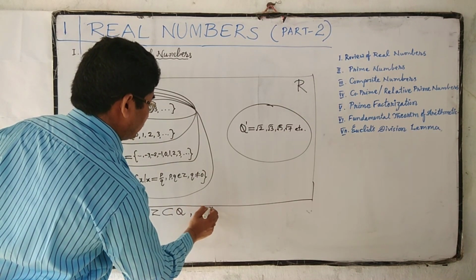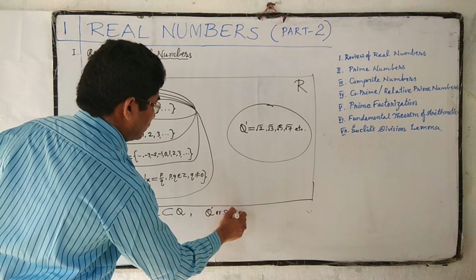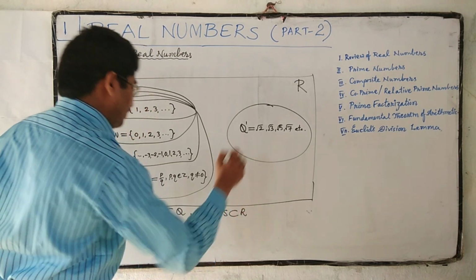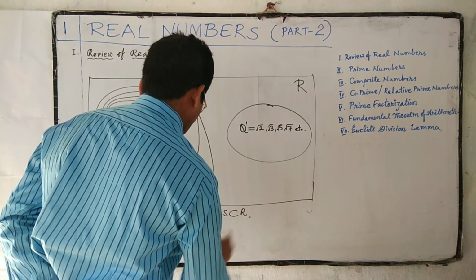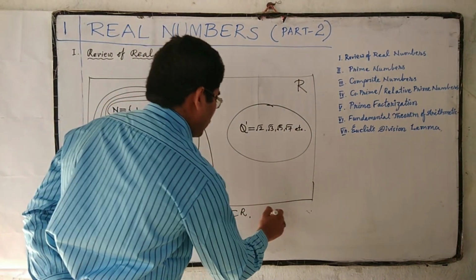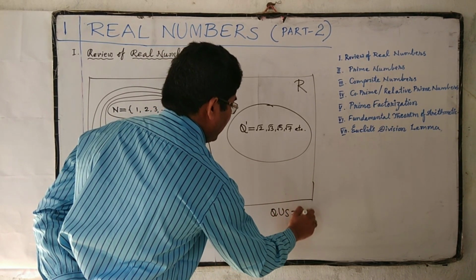So Q dash or S is a subset of real numbers. Q union S is equal to real numbers.